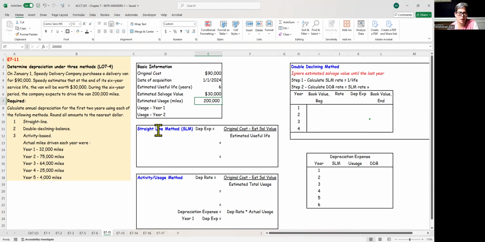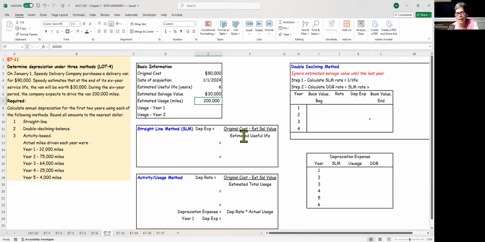This is the easiest method and the most popular method for financial reporting purposes. Here I will first calculate the annual depreciation. The formula is the original cost minus the estimated salvage value. The numerator is also referred to as the depreciation base. This is the total amount I will depreciate. I want to depreciate it down to the salvage value.